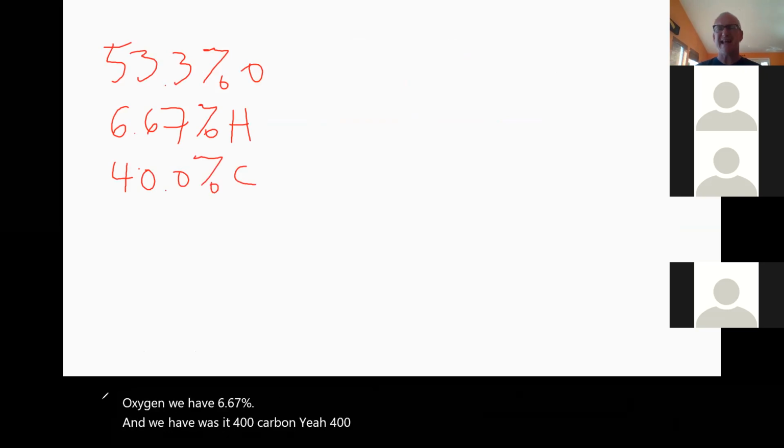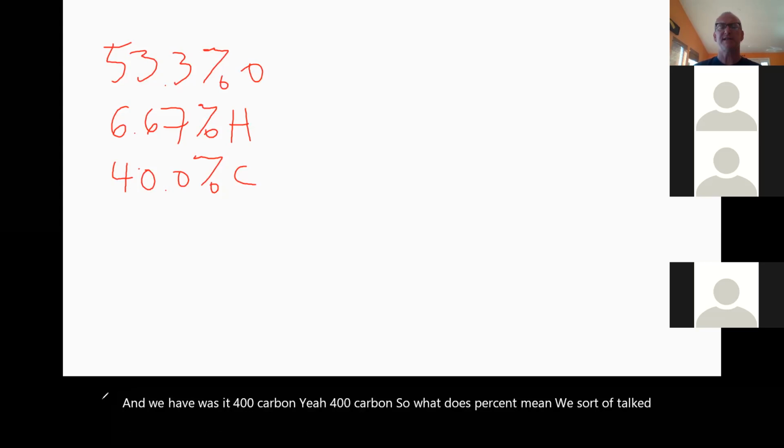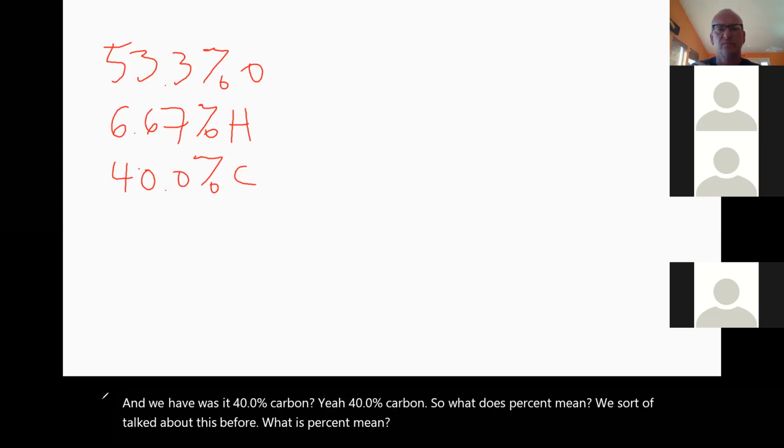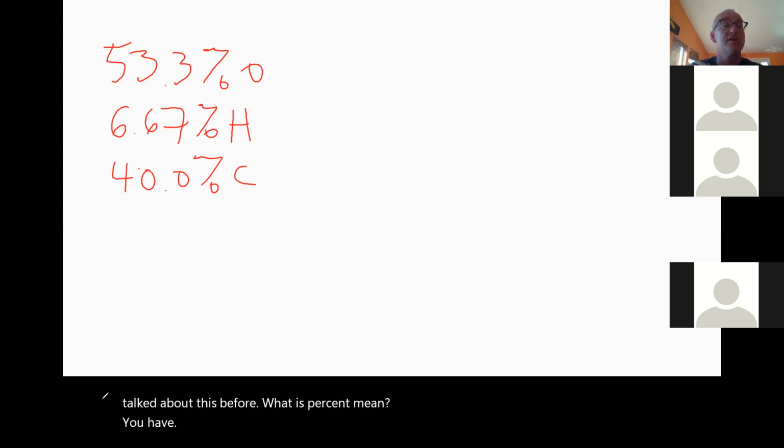So what does percent mean? We sort of talked about this before. Divide by 100. So if we divide it by 100, what do we get? 0.533. We get a fraction, exactly.